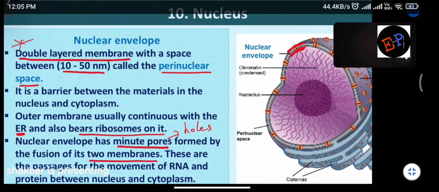These are the passages for the movement of RNA. RNA molecules come inside and go outside of the nucleus because of these pores present on the envelope, and also proteins between the nucleus and the cytoplasm. So RNA molecules are exchanged, and proteins are also exchanged. Okay?